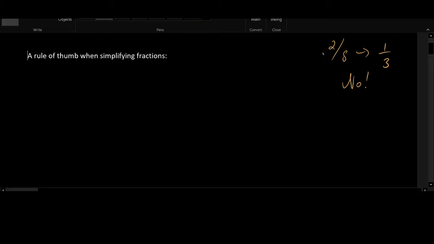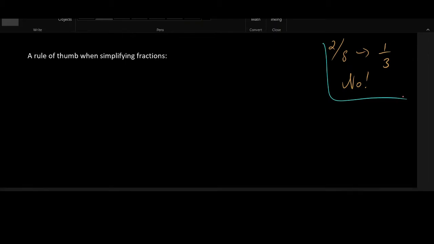So here is a rule of thumb that might help you. Suppose that you are thinking about canceling something that appears in a rational expression.